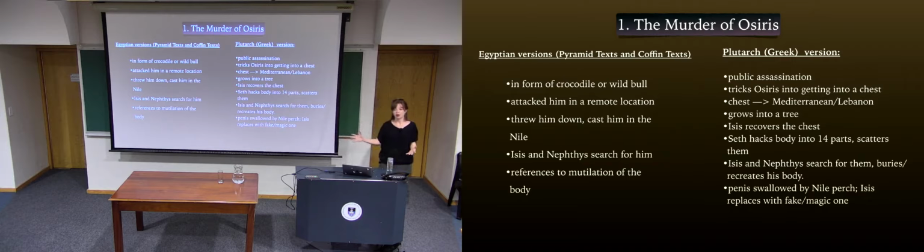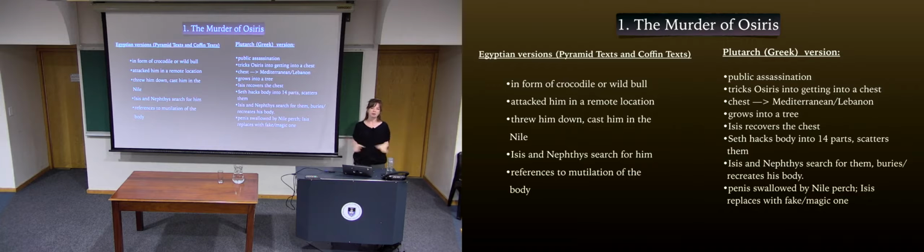Plutarch and others give a slightly different version, and they kind of jazz it up a little bit, perhaps, and make it more detailed. So in the Greek version, at least as told by Plutarch, the assassination happens very publicly. We're told it's the 28th year of Osiris' reign, and Seth and Seth's followers plot against him.